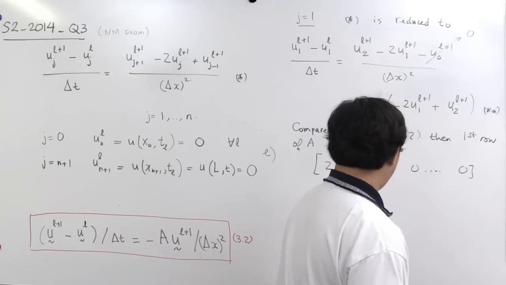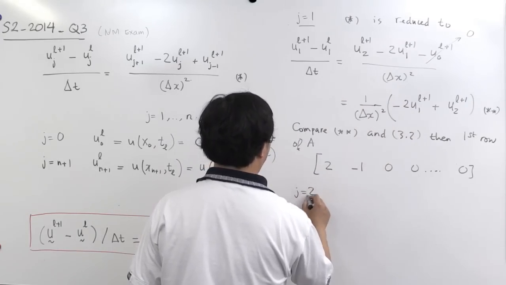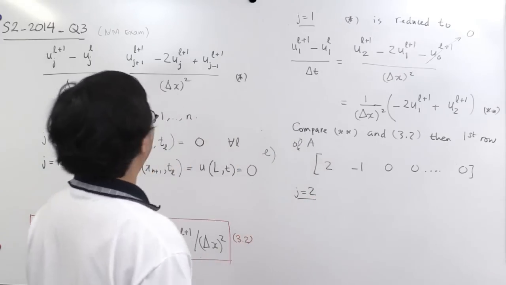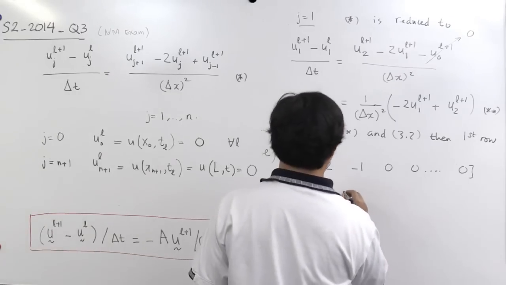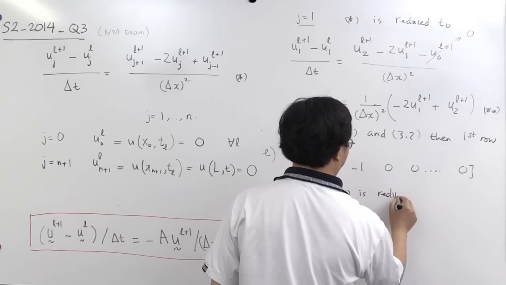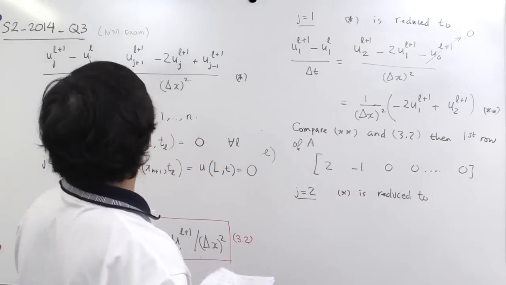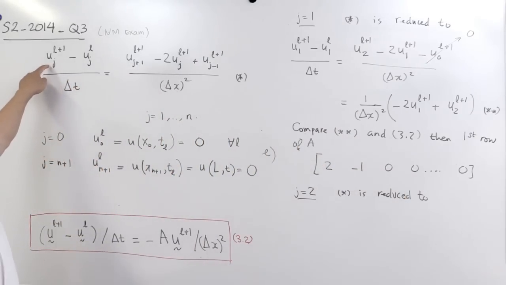So for the second row, you just take j equals 2, and then star is reduced to, you just take this equation and put j equals 2.